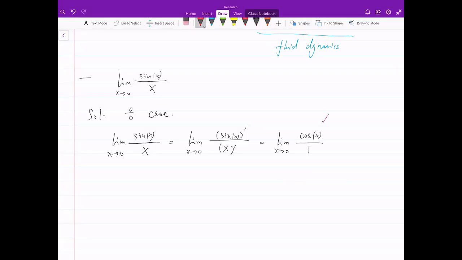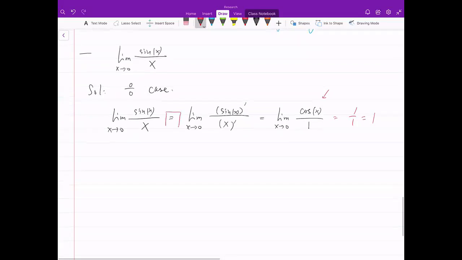Can you plug in 0? Well, that is going to be cosine 0 over 1, which is 1 over 1, which is 1. So forget about every geometry we did before. By L'Hopital's rule, we just have this answer. L'Hopital's rule happens here, when you write the limit to be the same as the limit of the top and the bottom both taking the derivative.